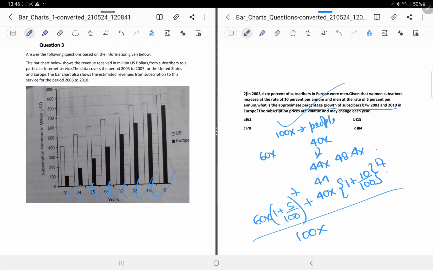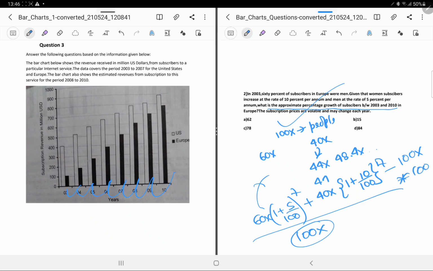Obviously, this value minus 100x is the growth. What is the approximate percentage growth? This is the absolute growth, and you just need to find the percentage of it.